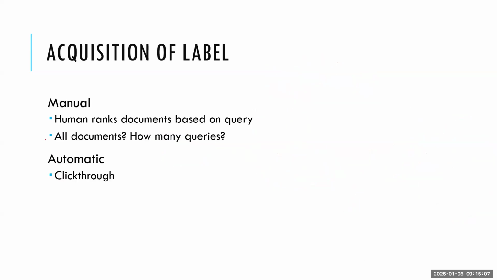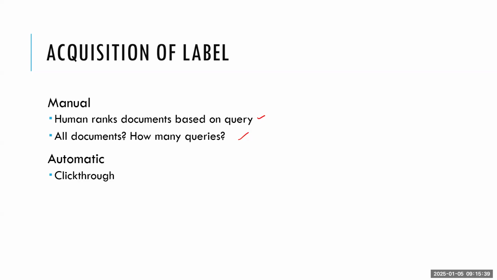We can use humans to rank each query and document pair. If you have 1,000 documents and 1,000 queries, you would have 1,000,000 pairs, and that becomes quite a task to accomplish.